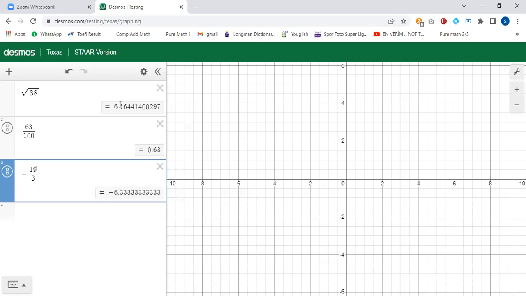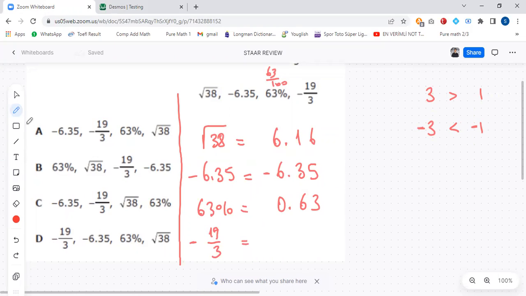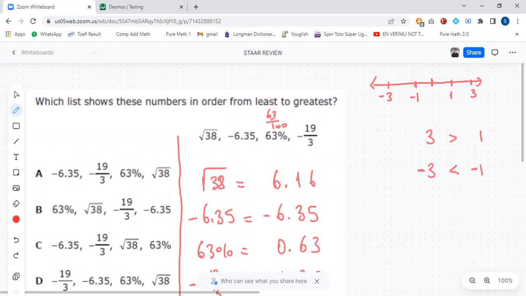This is an improper fraction, so no problem. We can just convert this. If it's a mixed fraction, remember the previous question. That's negative 6.33. Okay, so let me read the question once again.